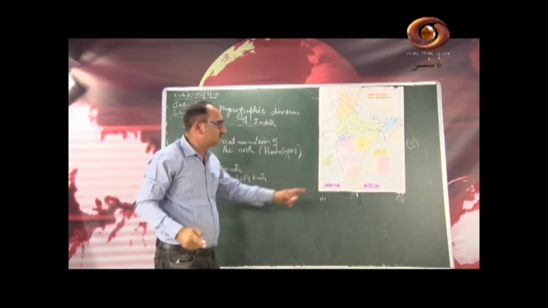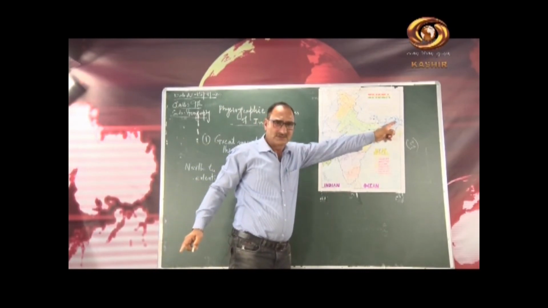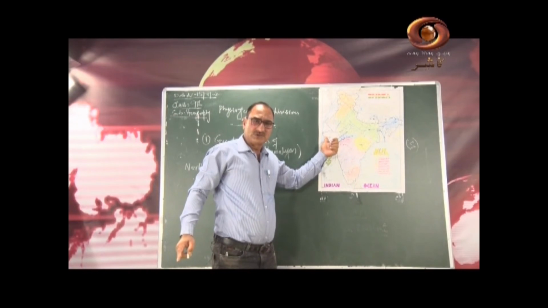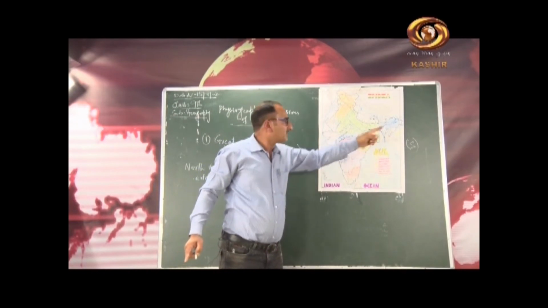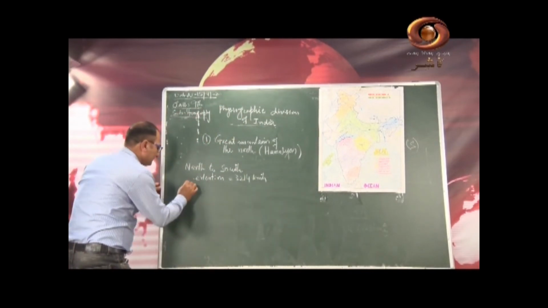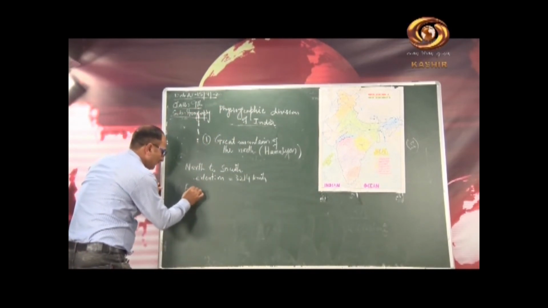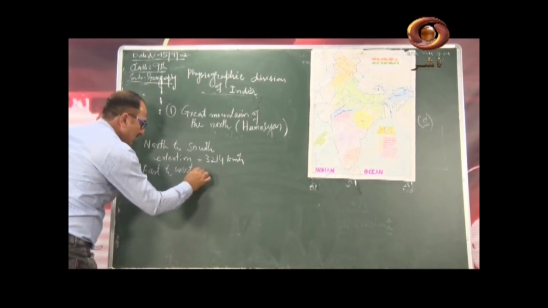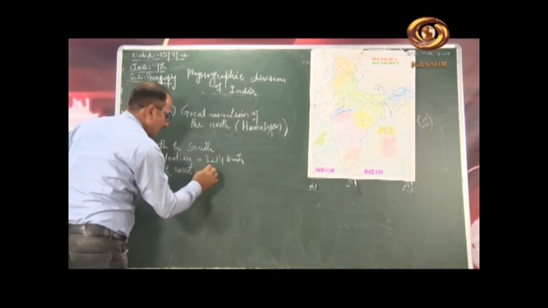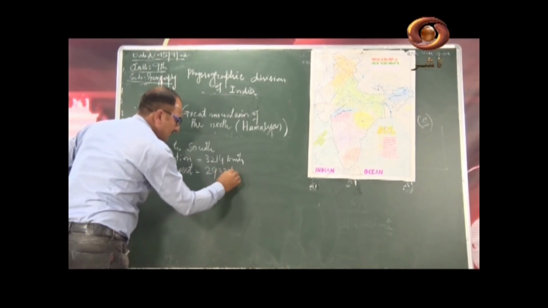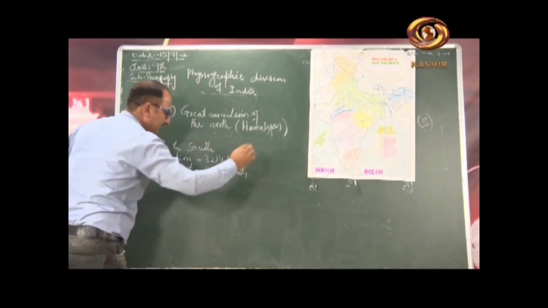Arunachal Pradesh is the most eastern state of India, and Gujarat is the most western state of India. From Arunachal Pradesh to Gujarat, east to west, the length of India is 2,933 kilometers.